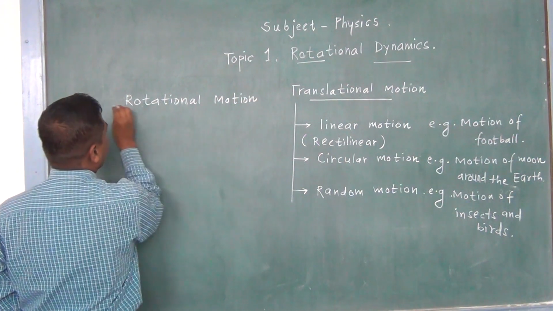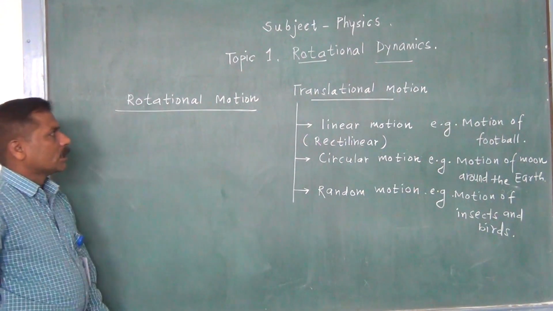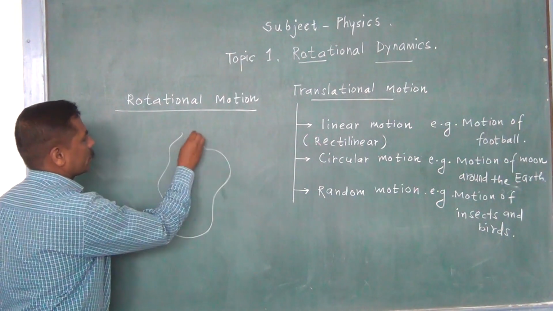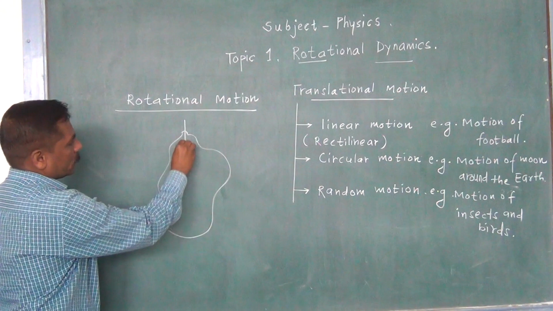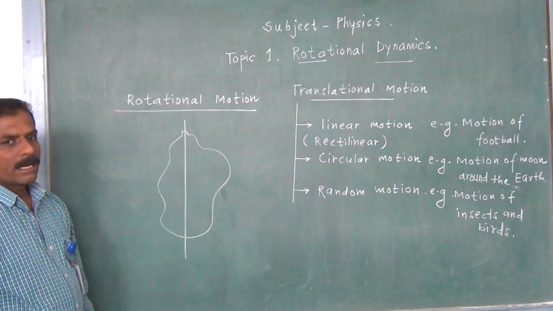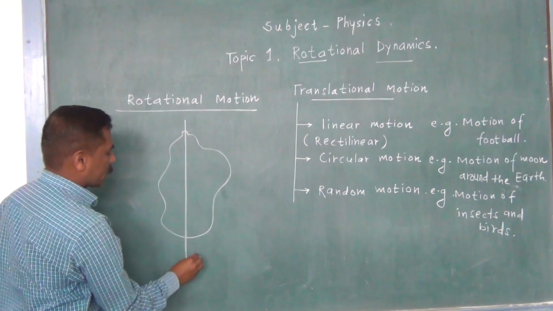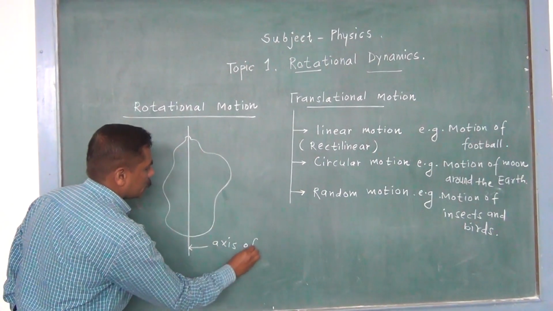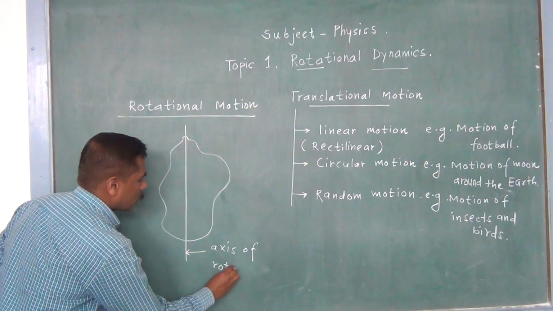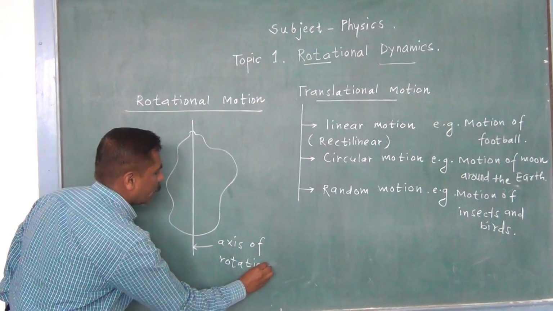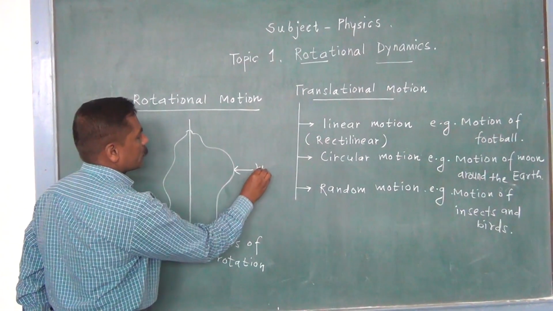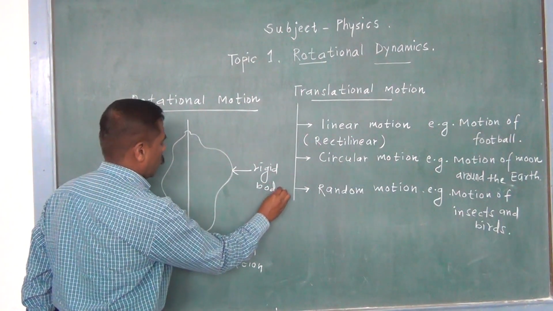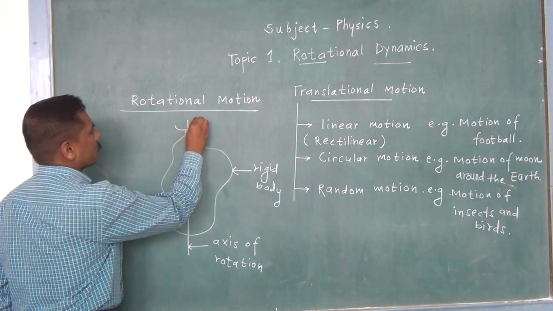This is the second type of motion in which the object is moving about its own axis. So you will find, suppose this is the rigid body and this is the axis of rotation, and this rigid body is rotating about this axis.